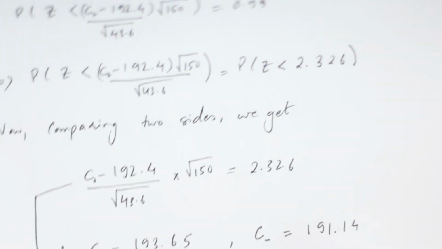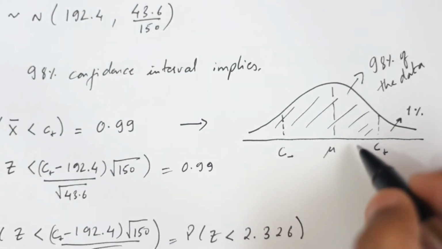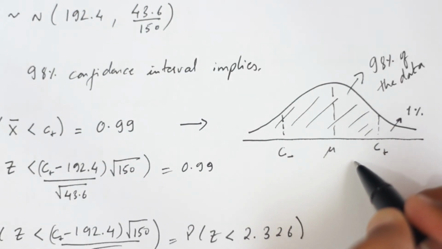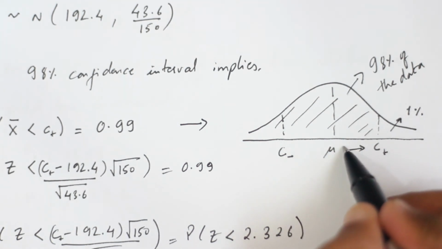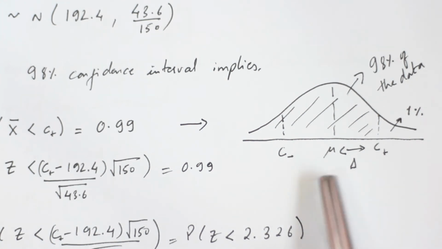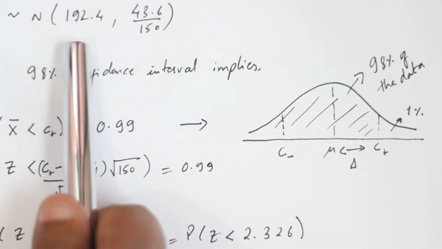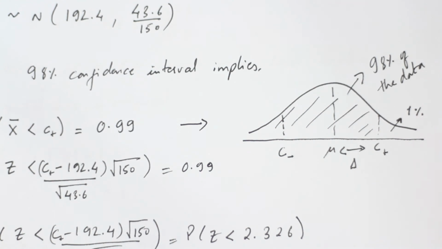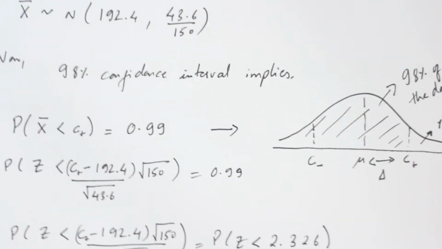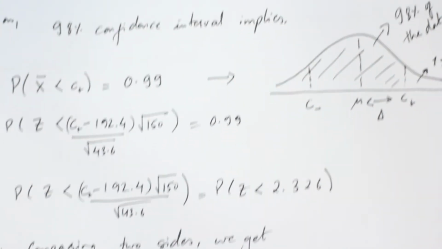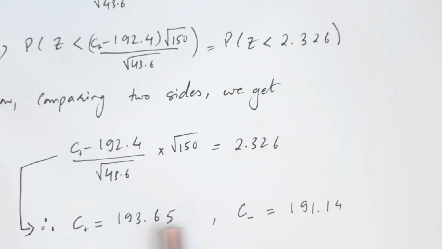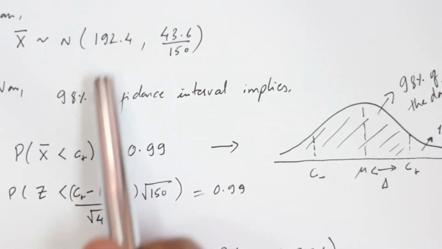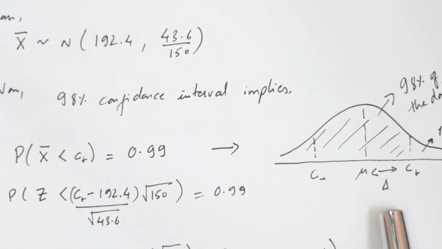It's very simple. If you look at this diagram here, let's say the gap between C plus and mu is delta. Because we have C plus and mu, this is the mu, 192.4, and C plus is just the value that we just found out, 193.65. So when we subtract the mean from this, we basically get delta.